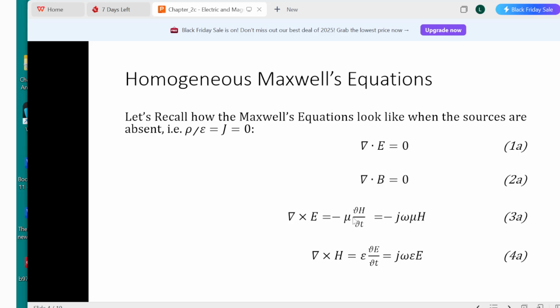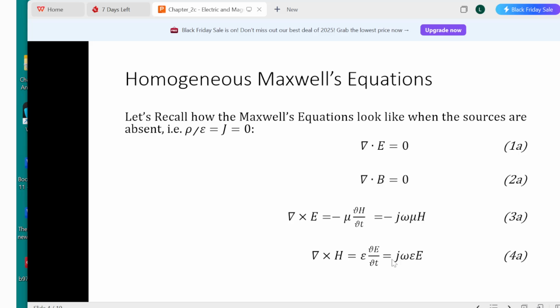And here, we are going to replace the time derivative with j omega. So we get minus j omega mu H. And for exactly the same reason, the last Maxwell equation, which originated from Ampere's law, we replace the time derivative with j omega.